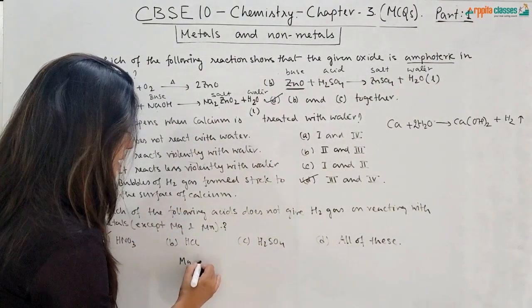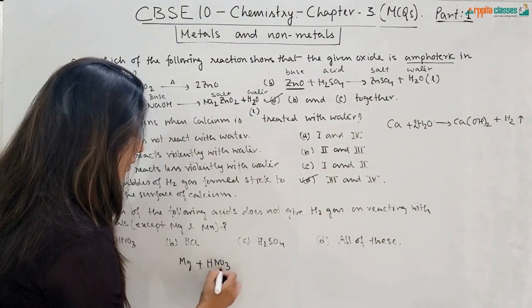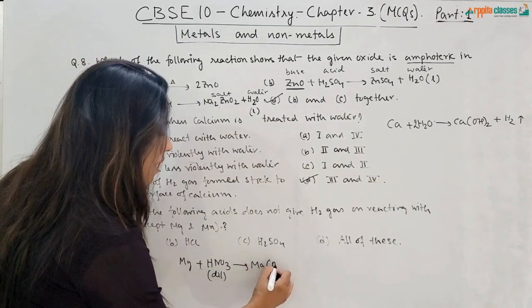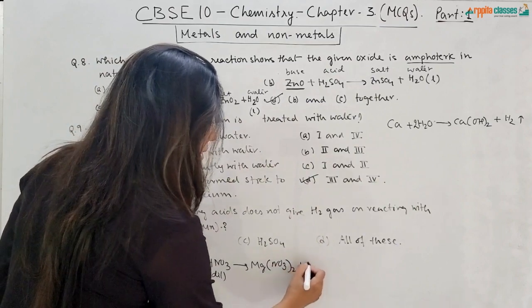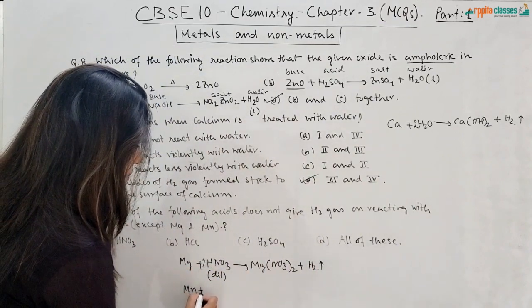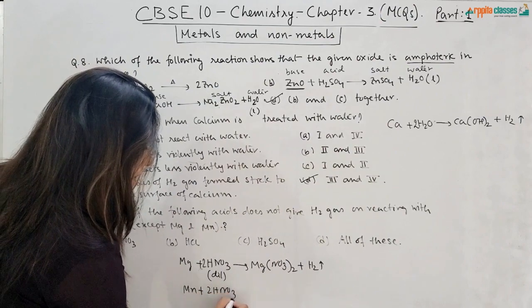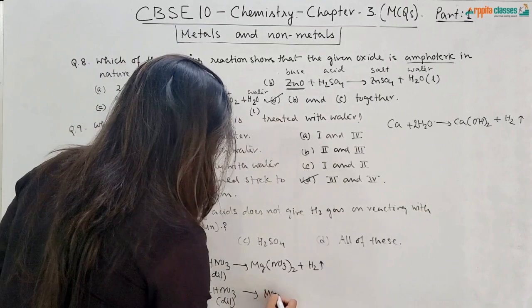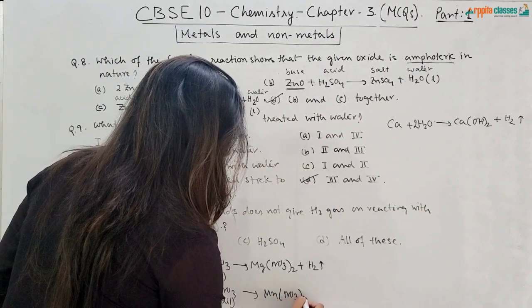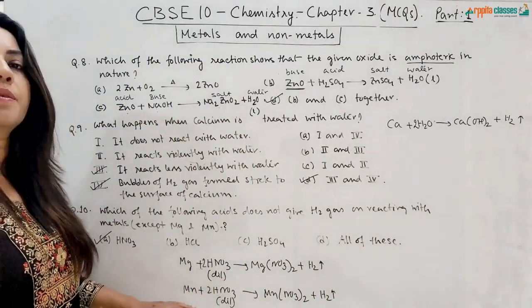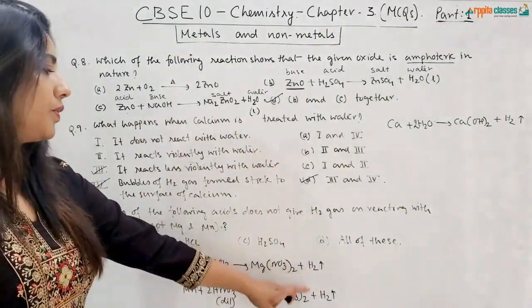So Mg plus HNO3, if we react this, and that too in very dilute condition, we get magnesium nitrate plus hydrogen. Even with manganese the same reaction happens. Very dilute HNO3 gives you manganese nitrate plus hydrogen. Only these two metals react with very dilute HNO3 to liberate hydrogen gas.